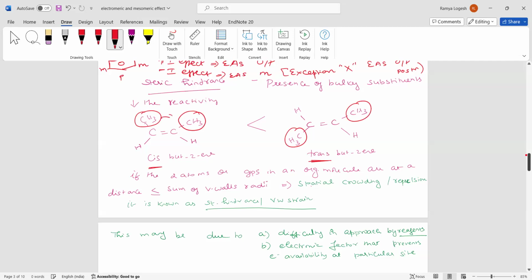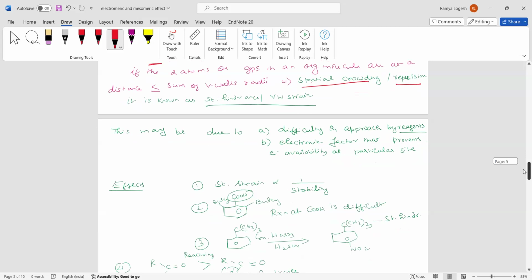The reason is the two methyl groups being in the same plane. They are bulky enough. Therefore, if some X is coming to approach it, it is very difficult to approach the alkene double bond because they are present over here. So this is called spatial crowding. Repulsion is there. So we will call this steric hindrance or van der Waals strain.